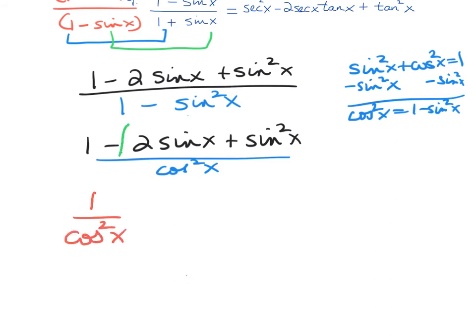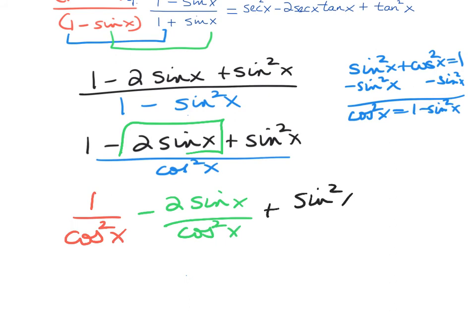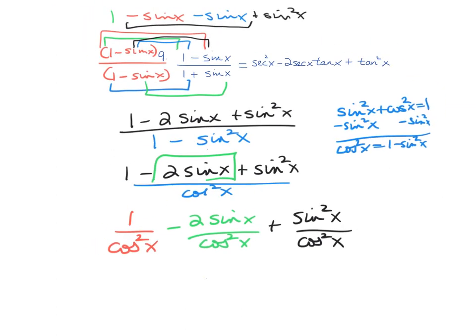Then I'll do the middle, and it comes negative 2 sine x over cosine squared x. And then the last, sine squared x over cosine squared x. Now, if you notice, the red and the black actually simplify to what's there.